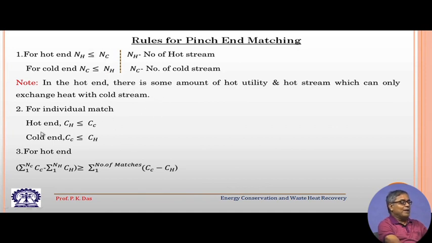For an individual match at the hot end, CP of the hot stream, the heat capacity rate, should be less than or equal to that of the cold stream for a particular match. Similarly, for the cold end we have a corresponding formula. That means we have to satisfy this kind of criterion for all the matches, and this will be explained further.